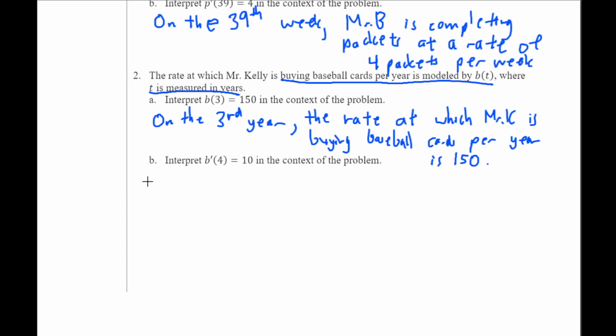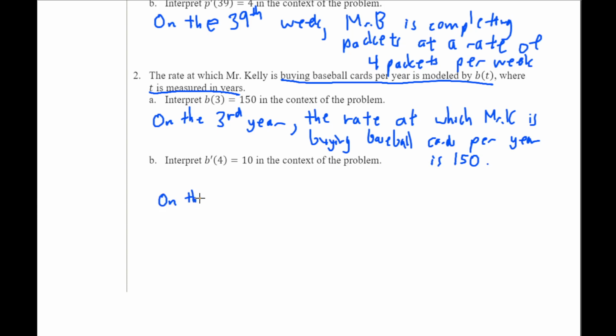Interpret B prime of 4 equals 10. So B of t was already the rate. So B prime of 4 will just tell you how much the rate is increasing or decreasing by, but increasing in this case because the derivative is positive.